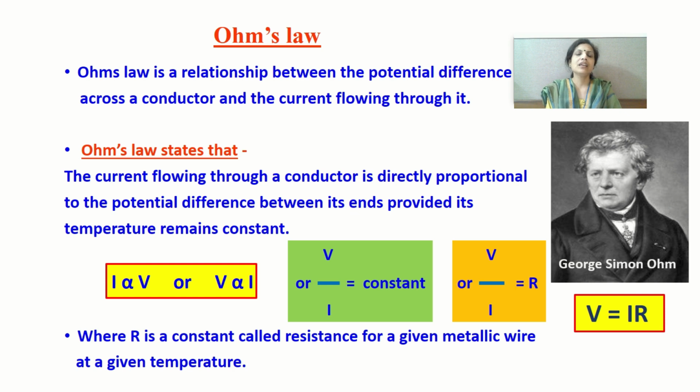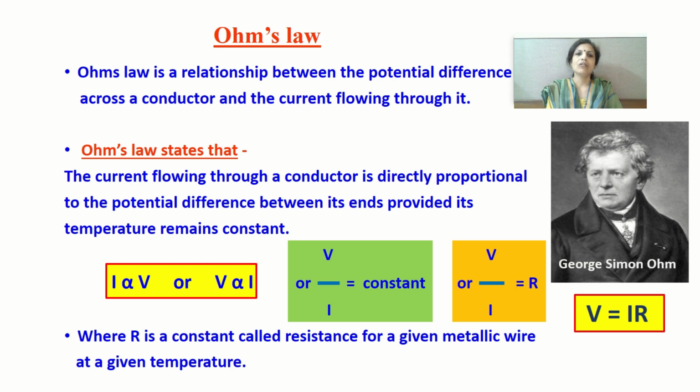Certain formulas in physics are so popular that even without knowledge of them, we end up memorizing them. In modern physics, it is E is equal to mc square. Similarly, in current electricity, it is Ohm's law which we are going to study in today's video lesson.